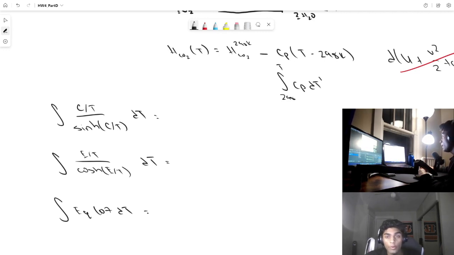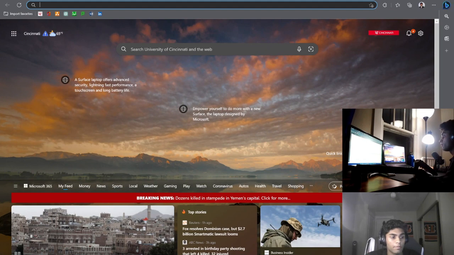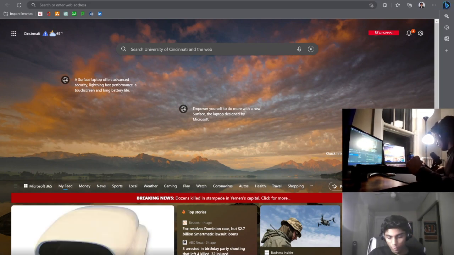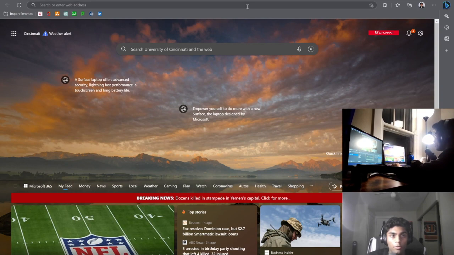So what we can do now is pull up Wolfram Alpha, pull up a new tab here, and just type this in really quick. I'm going to move my mic just so it's out of the way a little bit.